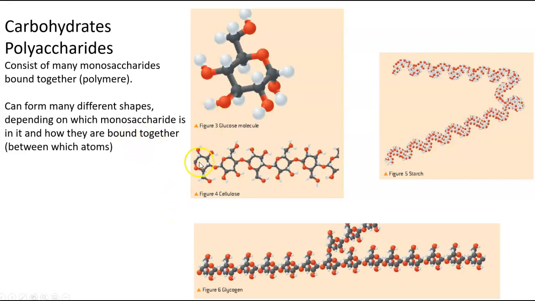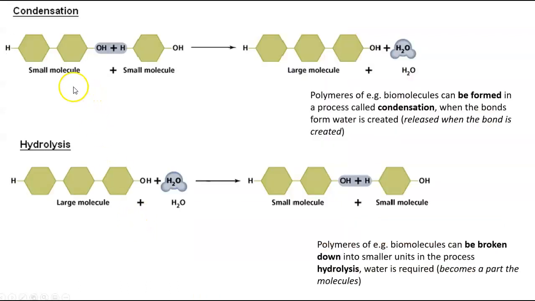And when you put these together to form the bonds between them, every time you do that, for example, here we have a disaccharide and a monosaccharide. On this monosaccharide there's a hydroxyl group facing this end, and on this one you have a hydrogen atom here and a hydroxyl group over here.